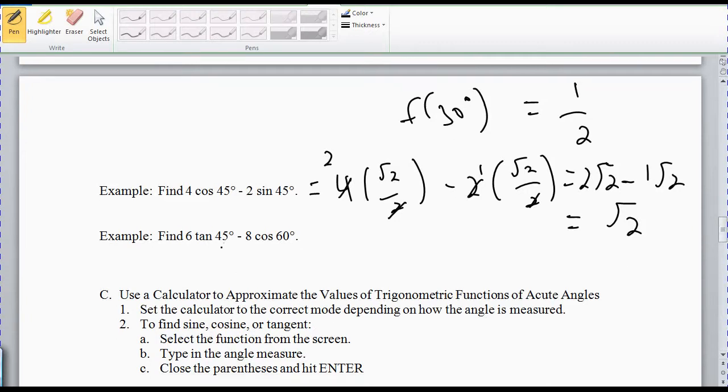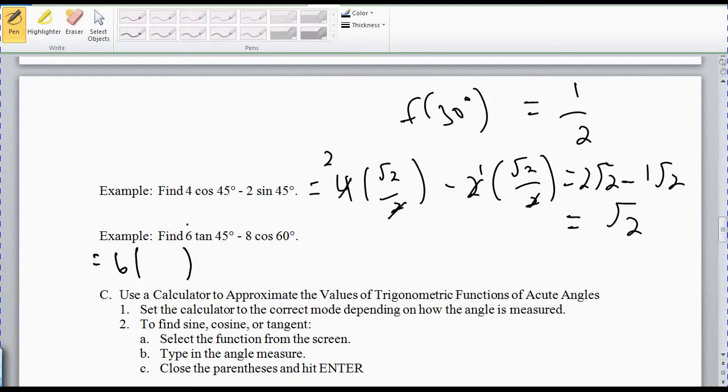Now let's do this one. 6 tangent of 45 minus 8 cosine of 60. Now here's the way I'm going to do it by memorization. 6 stays 6, and that's 6 times, just like that's 4 times. So I'm going to put these parentheses. Tangent of 45 is the same as sine of 45 over cosine of 45.